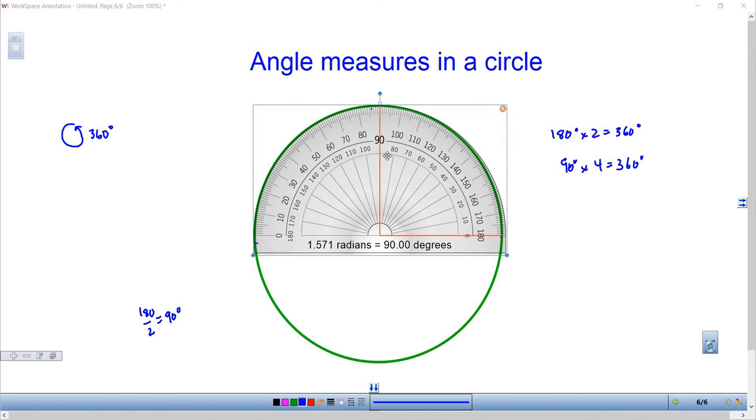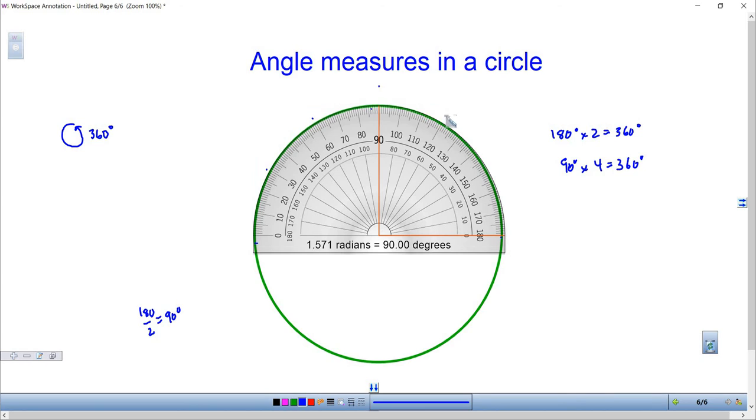So if I line it up like this, let's see if I can mark it off. Here's 0. If I were to go 30 degrees, 10, 20, 30, 40, 50, 60, 70, 80, 90, and then I could go 120, and 150, and 180.